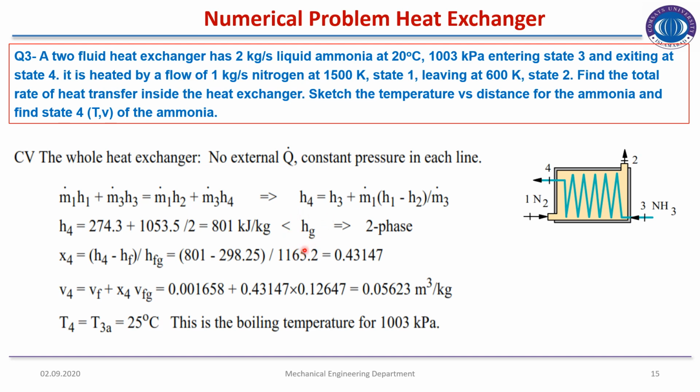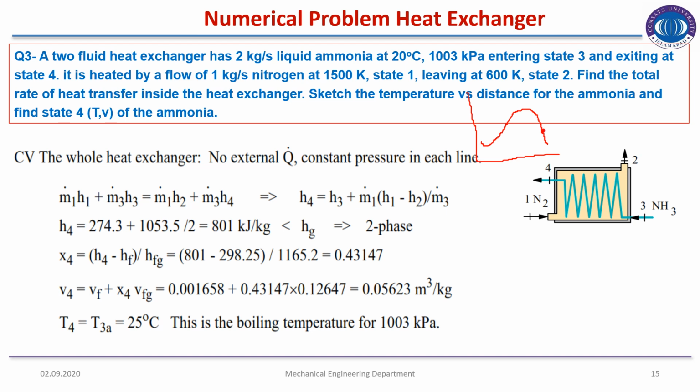So the value of enthalpy that comes out at state 4 is less than the saturated vapor state enthalpy mentioned in the table, which shows that this is a two-phase process. I will write it here. When we were discussing the pure substance chapter, that is a dome curve.